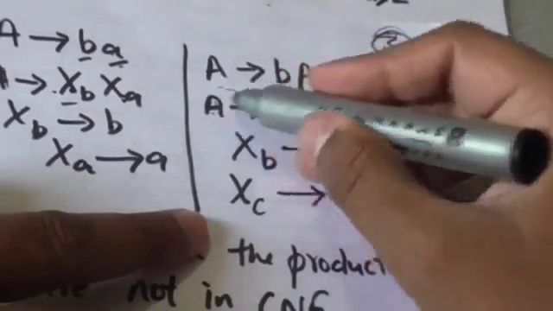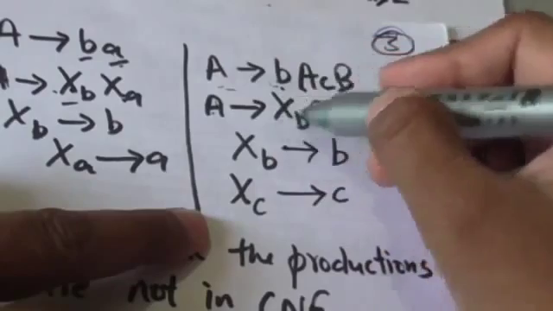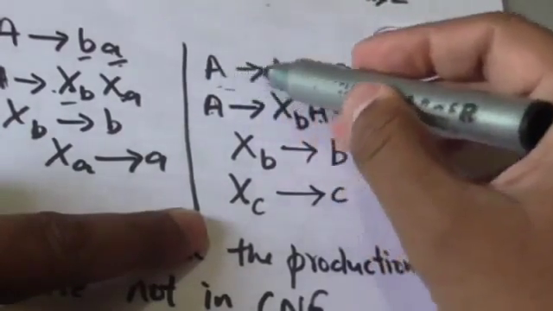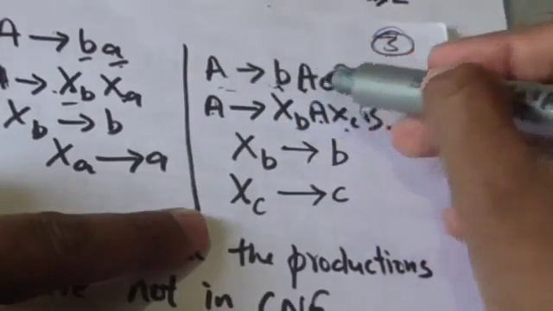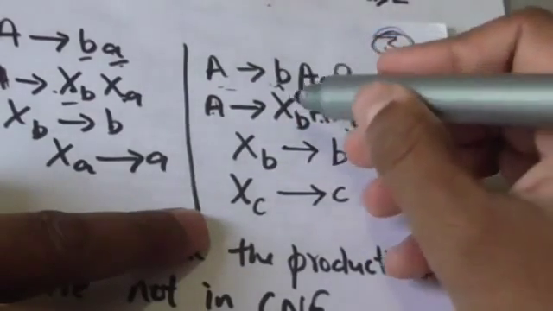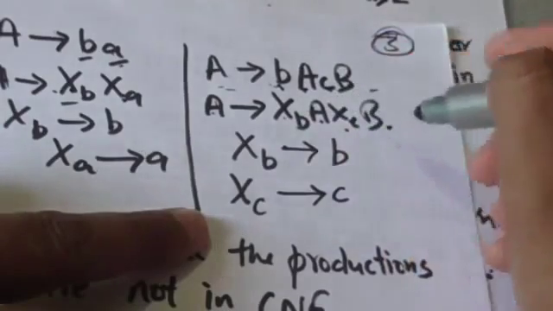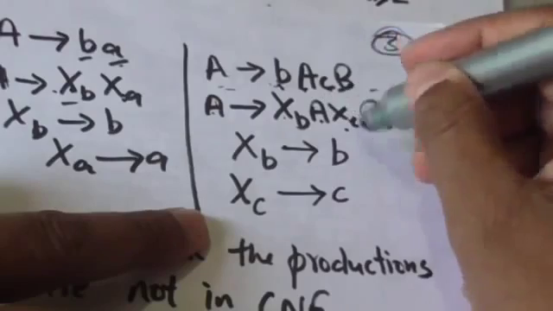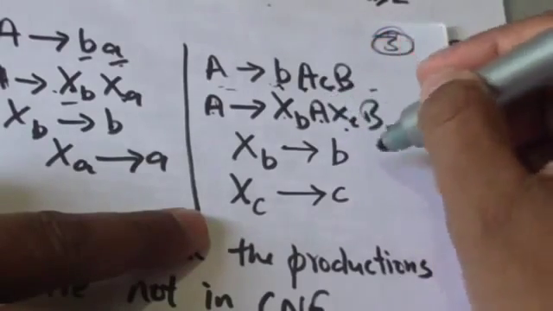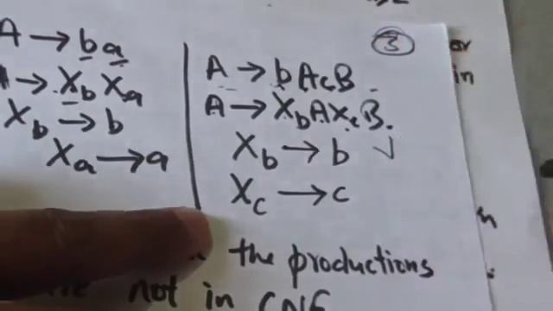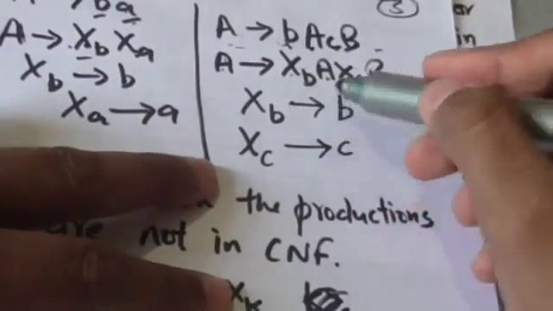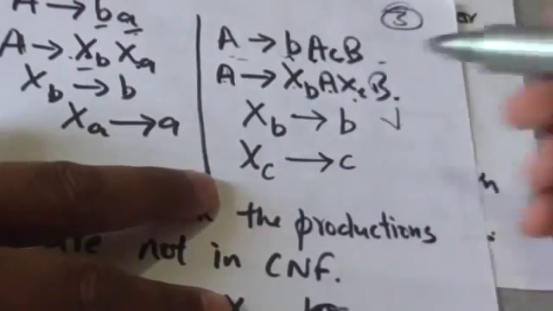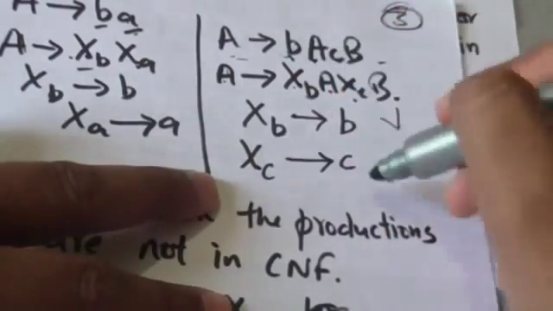So we have got a new production A derives Xb A Xc B. Now remove this production A derives bACB. Add these variables Xb and Xc to the set of variables of grammar, that is V. Right? And add two new productions, Xb derives b, Xc derives c.